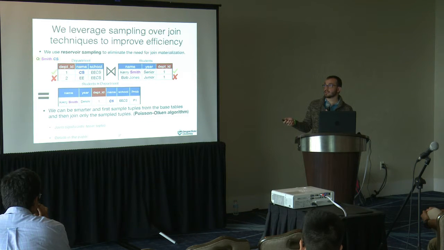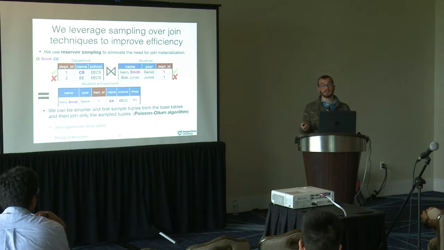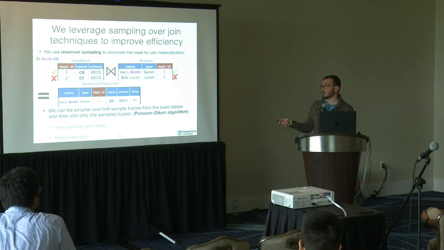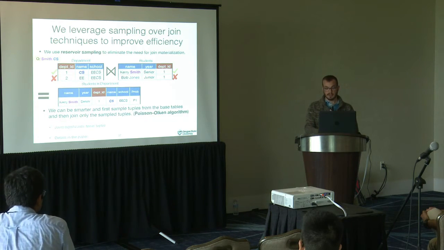So if we have Smith and CS here, we still grab CS here, and we don't grab the other, and then we grab Carrie Smith, but we don't grab Bob Jones here. Okay? And so now we're left with just a single tuple down here after our join. This actually joins significantly fewer tuples, and there's a lot more details in the paper.